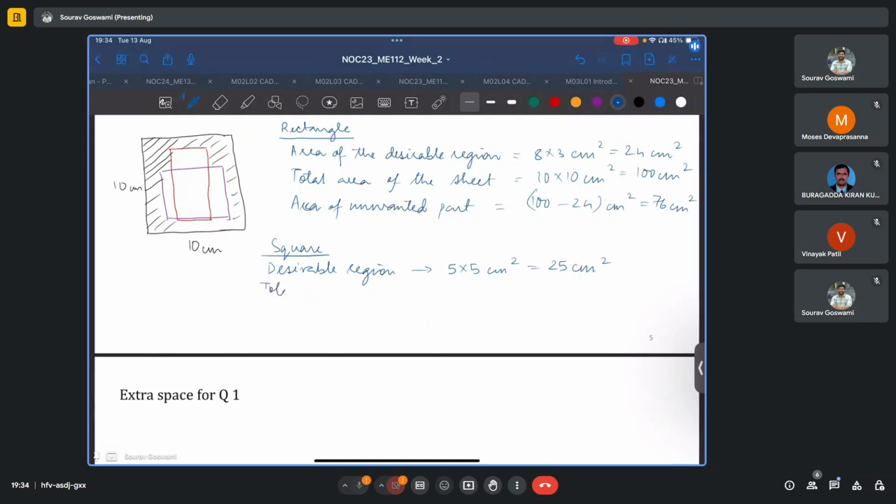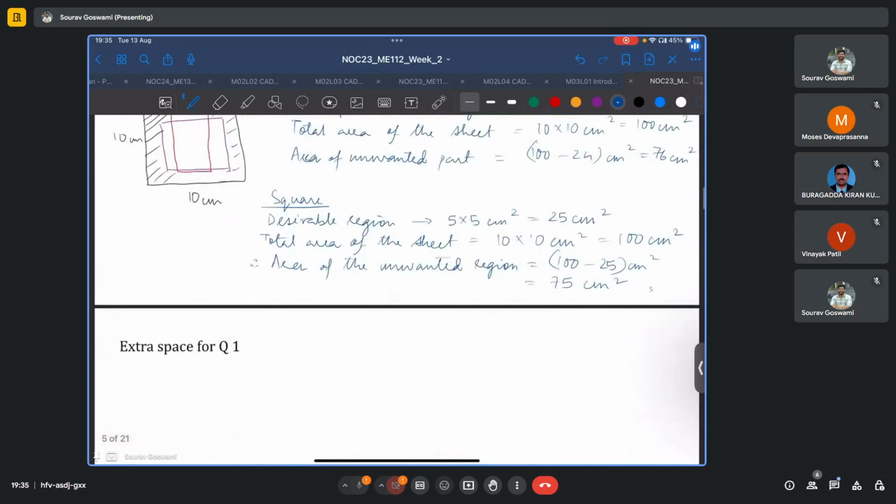The total area of the sheet feedstock is 10 cross 10, which is 100 centimeter square, and therefore the area of the unwanted region is 75 centimeter square.